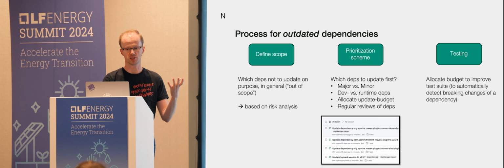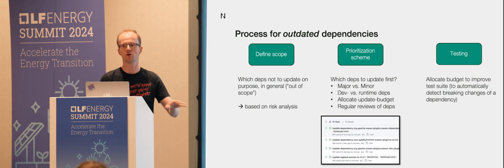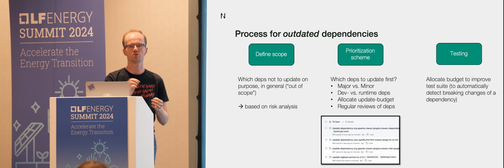So suppose I have this list of outdated dependencies. What do I do with it? So first of all, I am throwing some stuff out which I don't want to look at any further. You have to define some kind of scope for your project, for your team, at which point you say, there are certain dependencies we do not want to update on purpose for some reason.